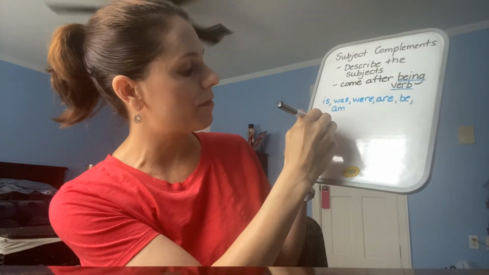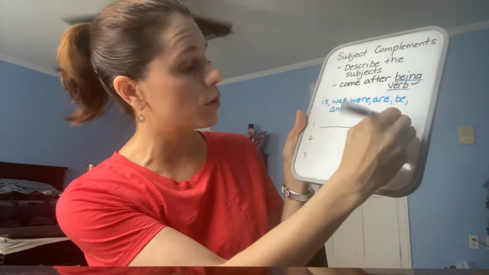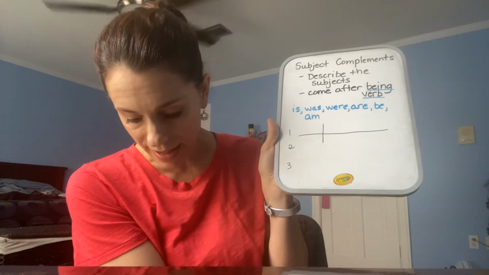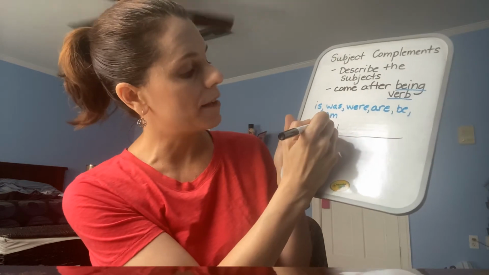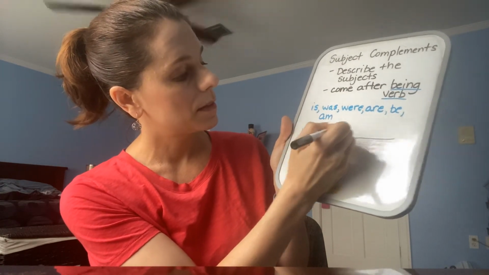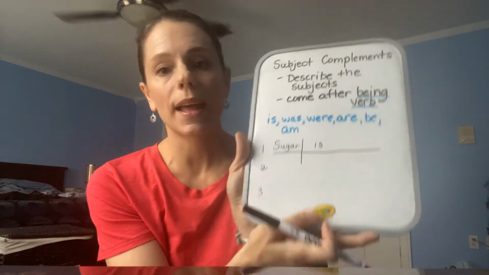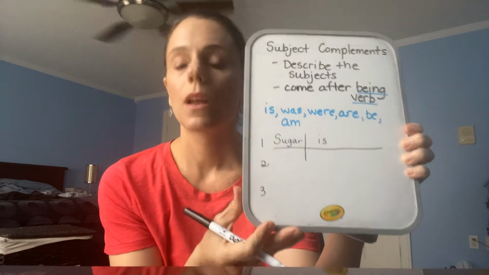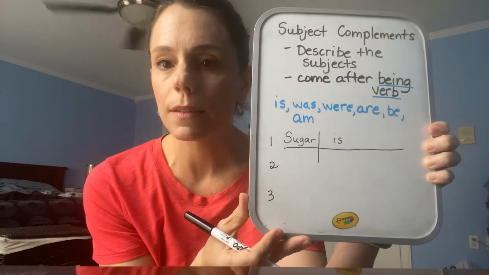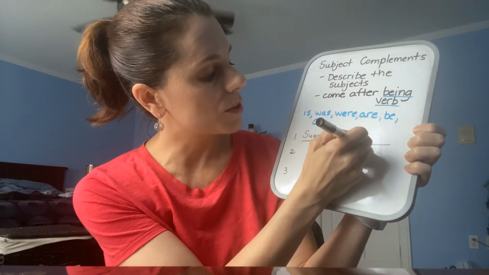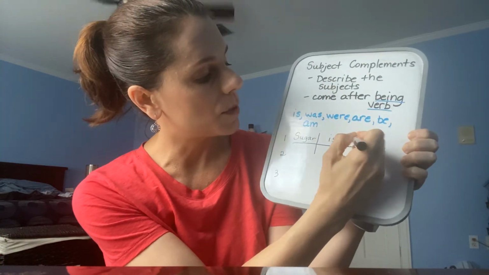I'm going to have a longer horizontal line and one line that goes through right there. So I have sugar. This is number 1. Is. Next to the number 1, they've put the word sweet. What is sweet describing? Sweet describes sugar.